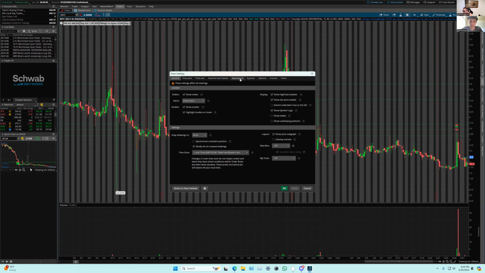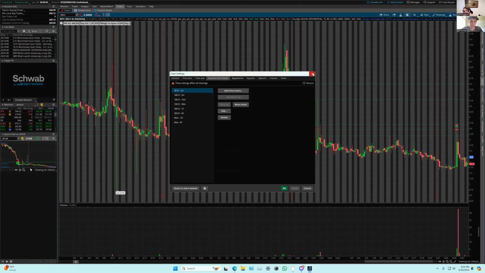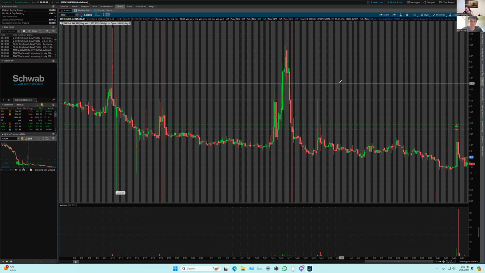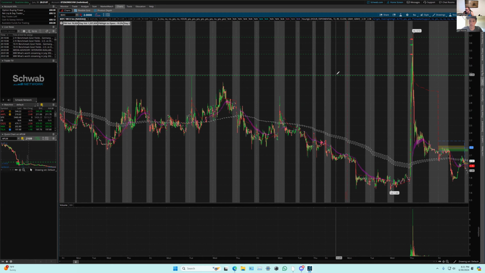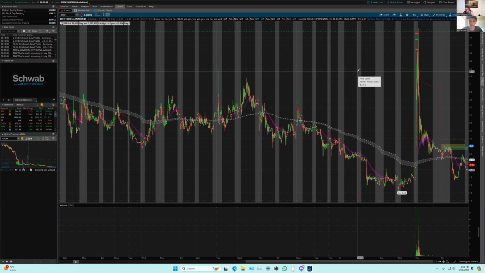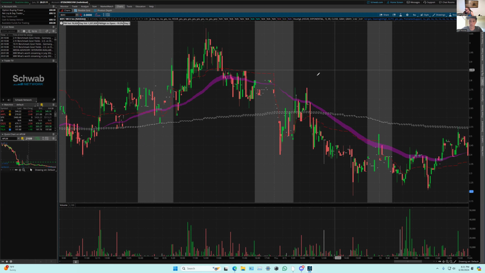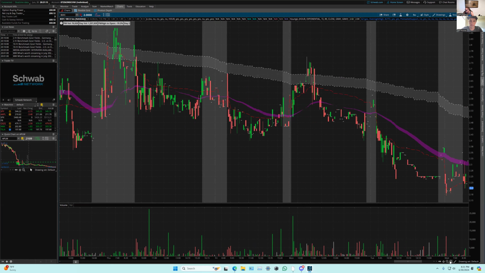I used to have it on here where I could see the price level and stuff, but I stopped using it because I didn't really care. As long as I know, when I'm getting ready to trade, okay, there's a green line here. Okay, blue, straight through that. Jesus Christ.